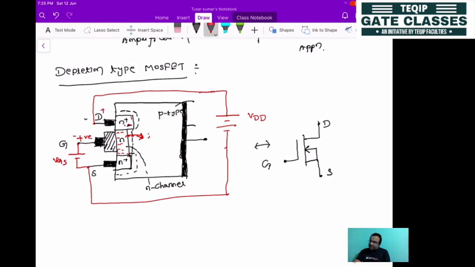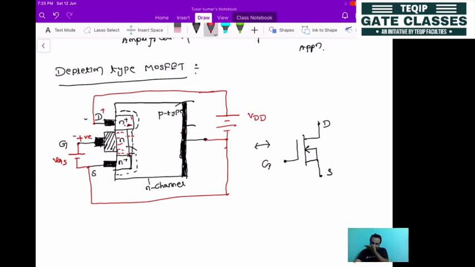Then this point you will connect to the negative terminal, that is the metallic terminal, because if you don't apply the voltage with respect to the P substrate, the conduction will not form a closed loop. That's why you need to connect the metallic contact of the P type substrate to the negative of VDD. Then what will happen? The electrons. Now if you see closely what happens inside here.